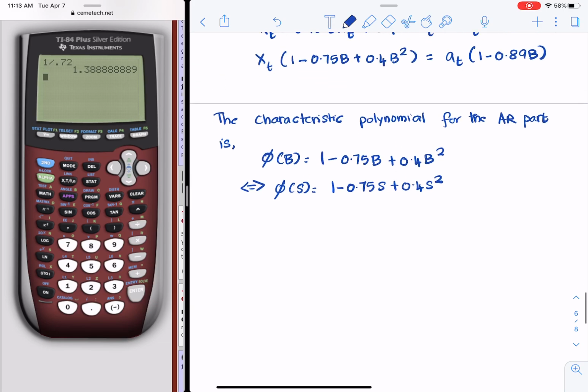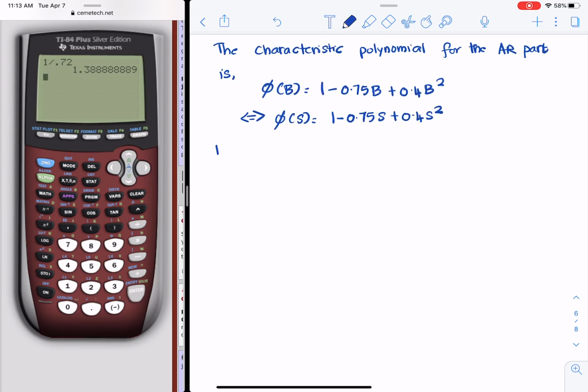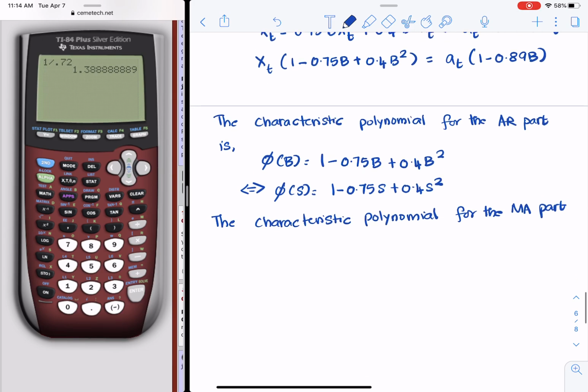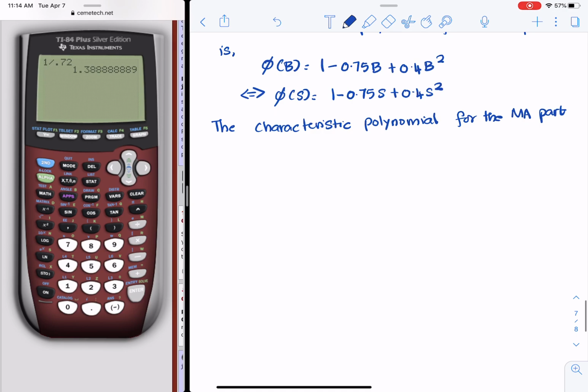Likewise, the characteristic polynomial for the MA part is theta b equal to 1 minus 0.89b.